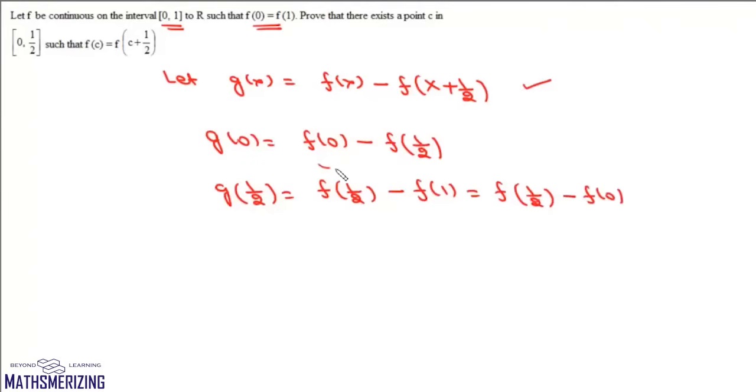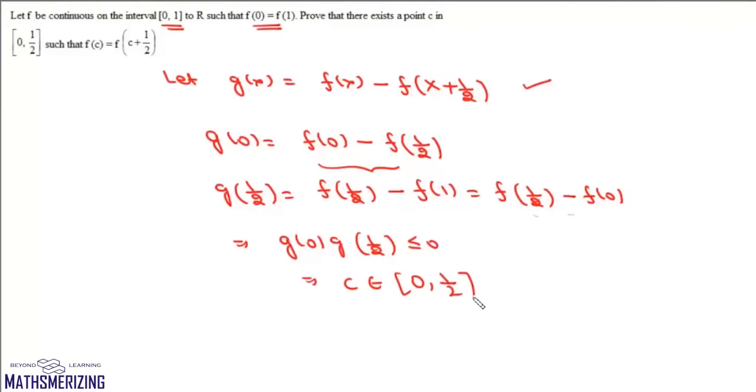So this is a minus b and this is b minus a, which simply means that g0 into g of 1 by 2 is less than or equal to 0, which means there exists at least one c in the interval 0 to 1 by 2 such that gc is 0, which means fc equals f of c plus 1 by 2, and that is the answer to this question.